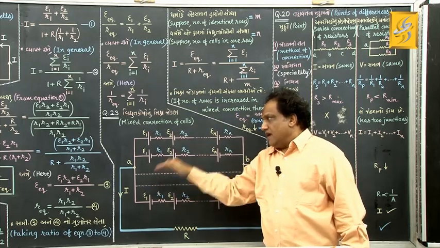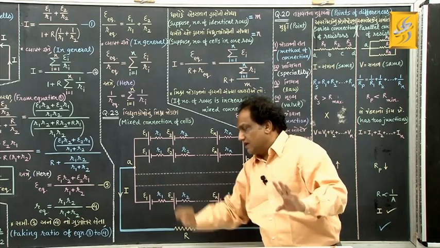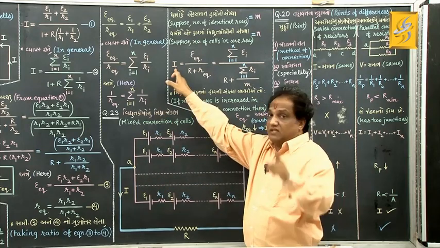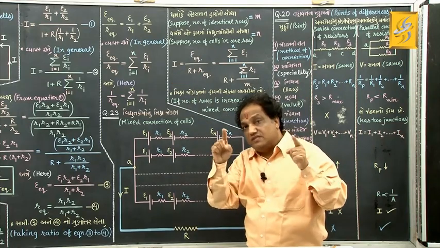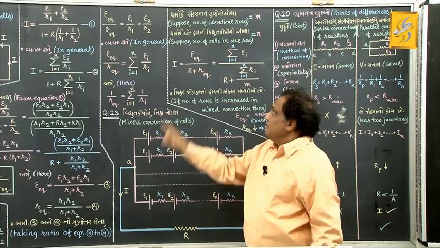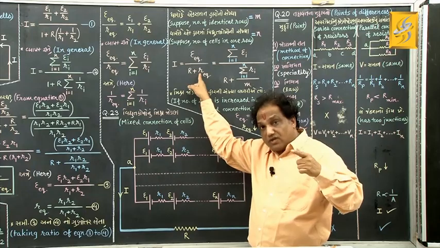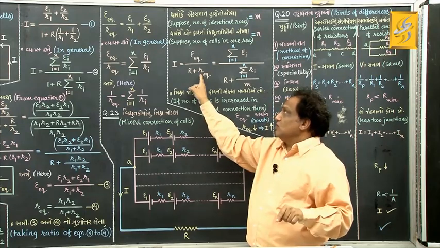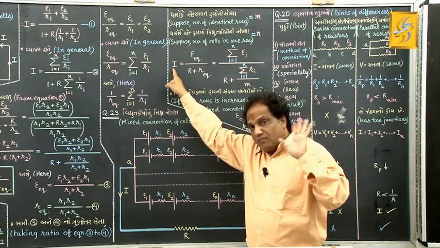So here, as you go on increasing the number of identical rows, no doubt current is increasing, but the reason for the increase in current is not the increase in EMF. On the contrary, EMF is remaining constant. Then what is the proper reason? The proper reason is that the effective internal resistance of the entire mixed connection goes on decreasing. When this goes on decreasing, definitely the current will increase, correct? That is the proper reason.